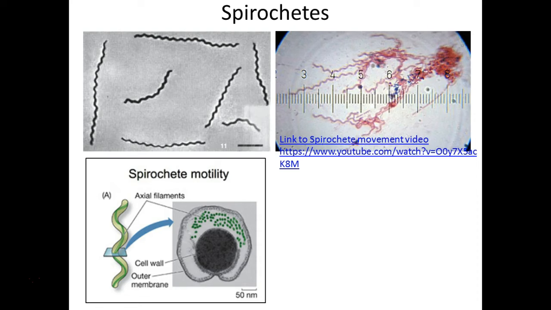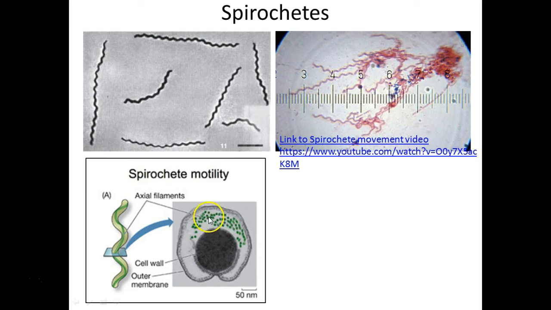And this shape that they have, this spiral shape, is due to modified flagella. They're on the outside of the cell within an outer sheath, like in a kind of periplasm space. So these little dots are these axial filaments, the name given to these modified flagella, all these little green dots. And this is probably a transmission electron microscope picture.